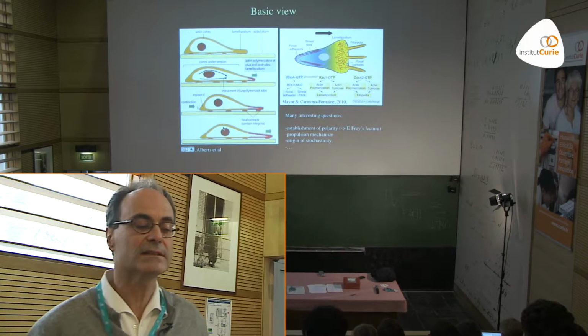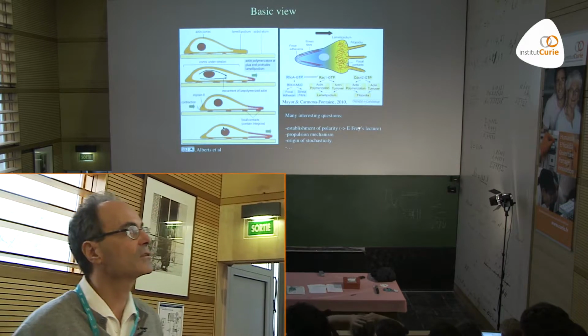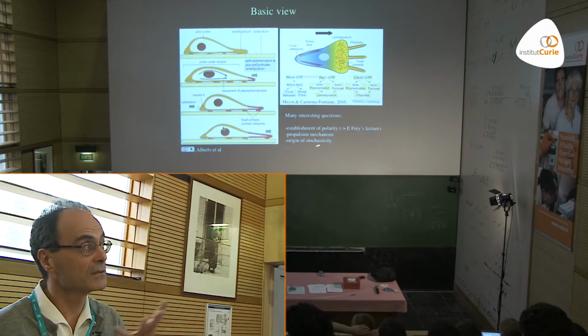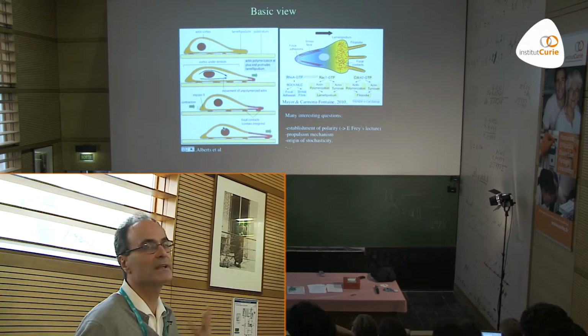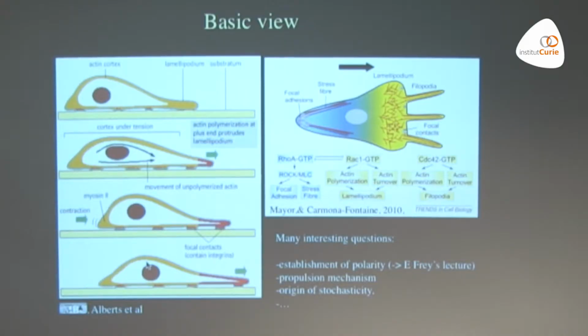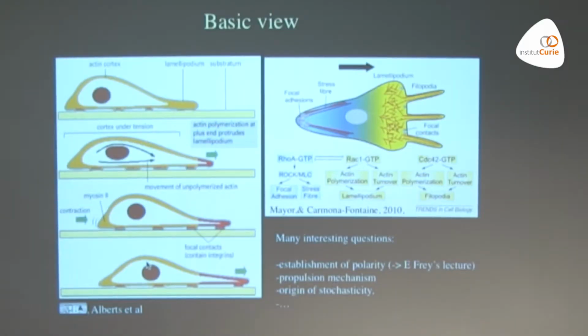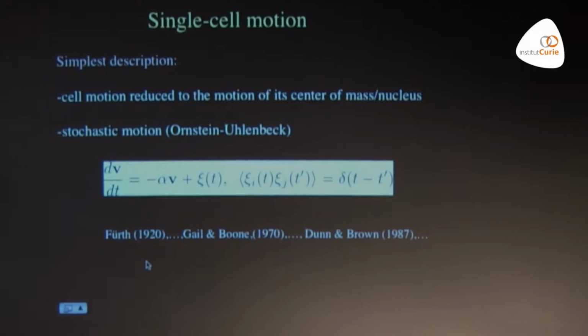You have seen that this cell moves, but moves a bit stochastically. How this is generated is not completely understood at the moment. I will not touch upon them because of time, but already at the single cell level there are a lot of questions.